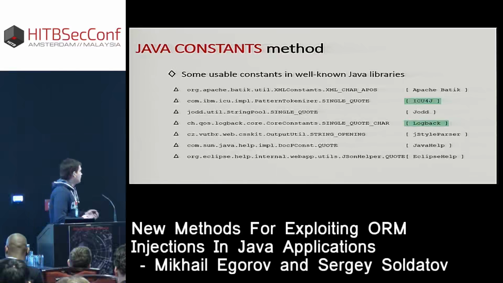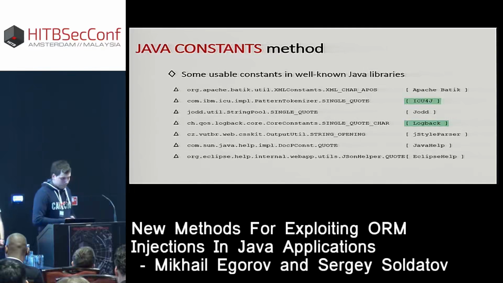We searched through Java libraries to find suitable fields for exploitation. And we found 2 very popular libraries: ICU4J and Logback. These libraries have classes with public static fields that are suitable for exploitation, with names SINGLE_QUOTE and SINGLE_QUOTE_CHAR.